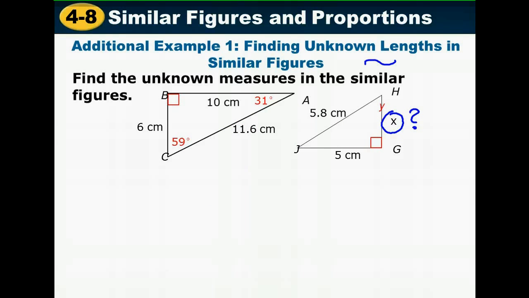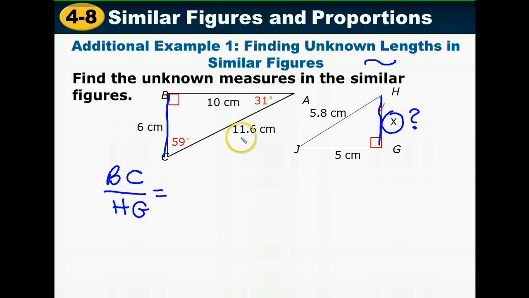So let me use only the sides that I know the values for. BC I know will correspond to HG. So BC is here and HG is right here. So BC will correspond to HG, and that will be equal. Now I have a choice. They also give us the length of this one, which is 10.